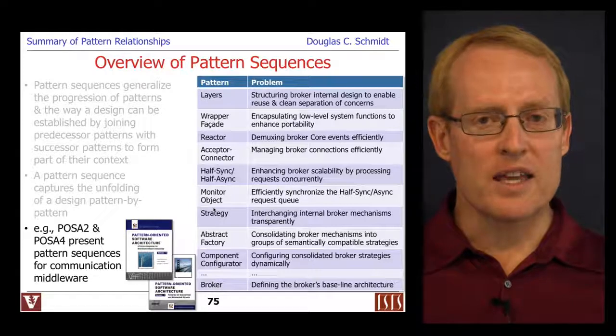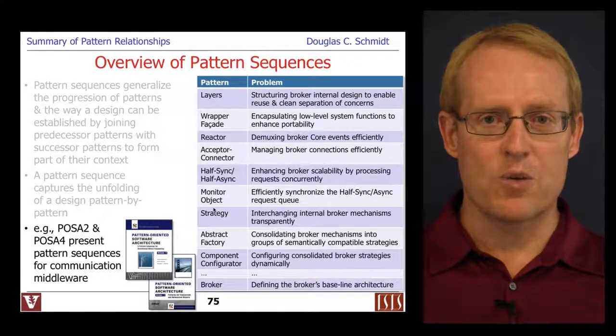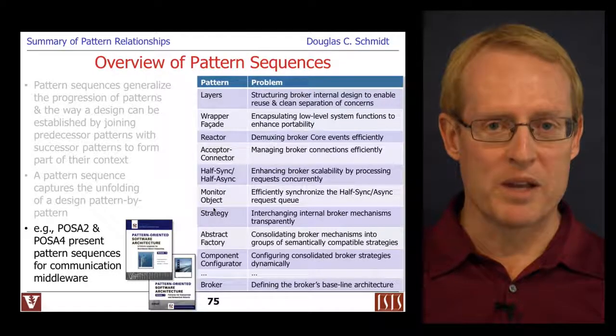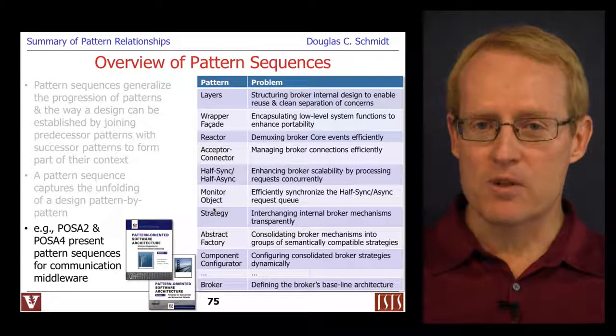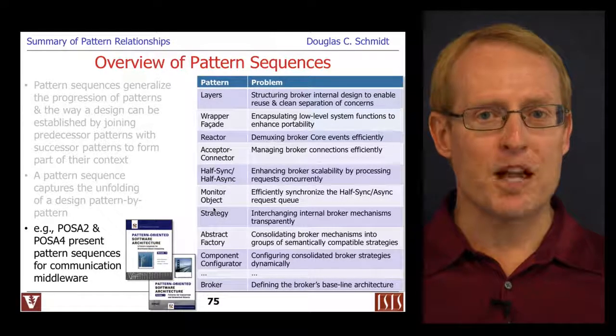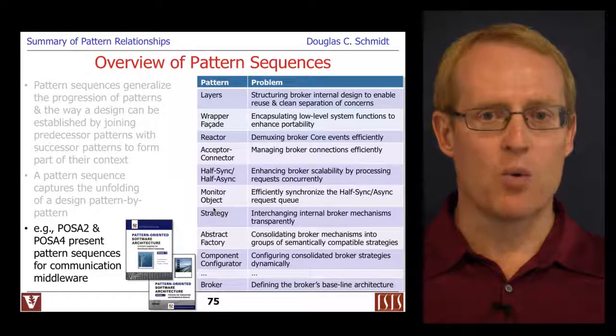If you take a look at the POSA 2 book, you'll see some good examples of pattern sequence patterns, or patterns that are used heavily in the pattern sequences we'll be covering. If you look at the POSA 4 book, especially chapter 6, you'll see an example of a pattern sequence that's used for communication middleware.